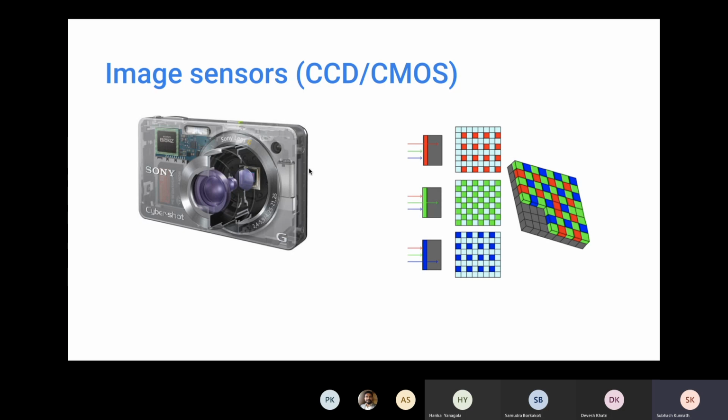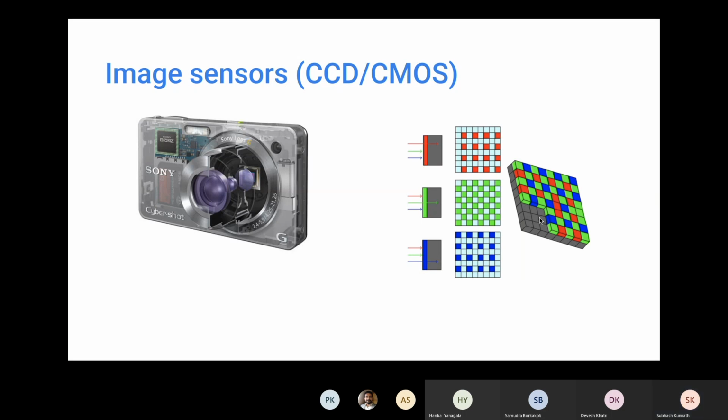For color image sensors there are three types of image pixels, one each for red, green, and blue, arranged mostly in this fashion. The green sensors are twice the number of the red and blue, and this particular arrangement is called the Bayer pattern.